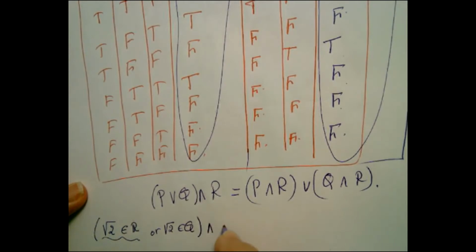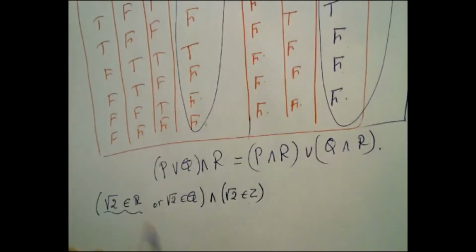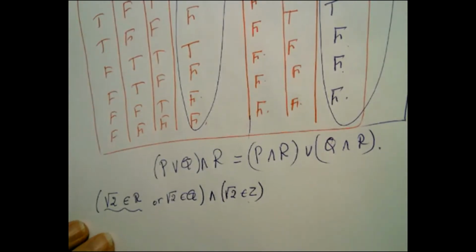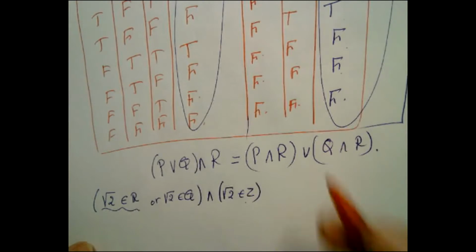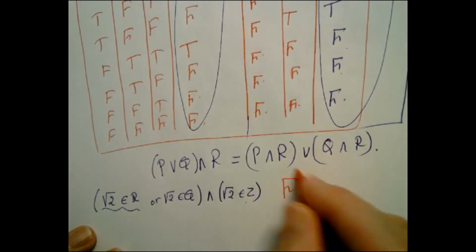And the square root of 2 is in Z. Suppose I write the statement. Okay, so is this true or false? The first part's true. The whole thing? The whole thing is false, because you have to have it in the integer numbers.